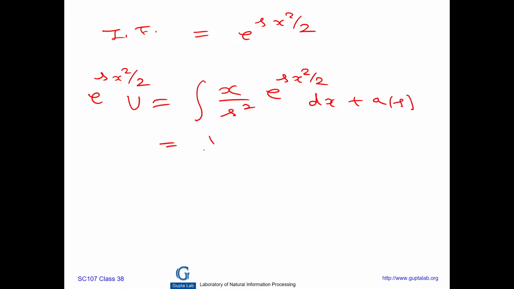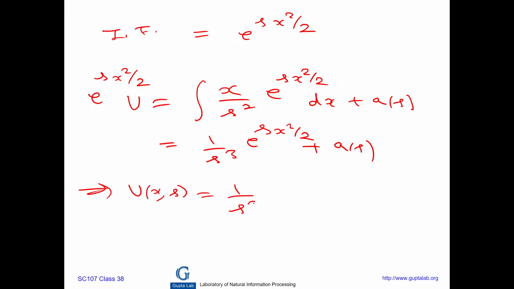So this is nothing but 1 over s cube e raised to power s x square by 2 plus a of s, right? So this implies that we have the value of U of x,s is equal to 1 over s cube plus constant a of s times e raised to power minus s x square by 2.